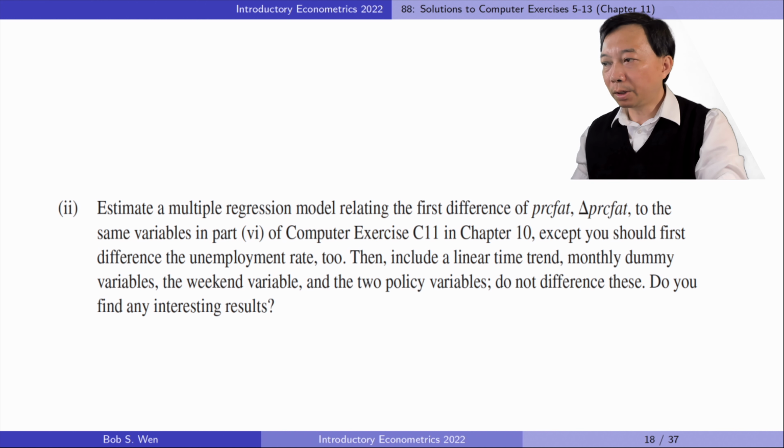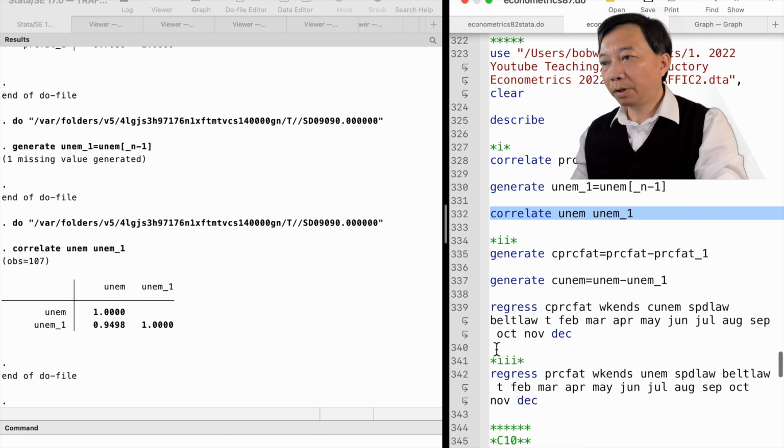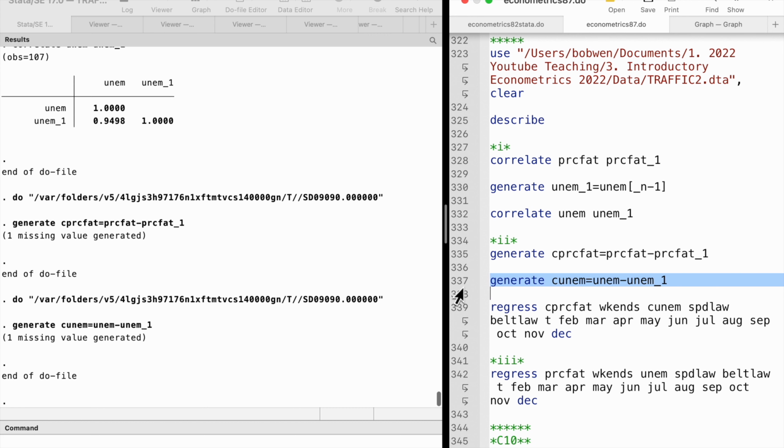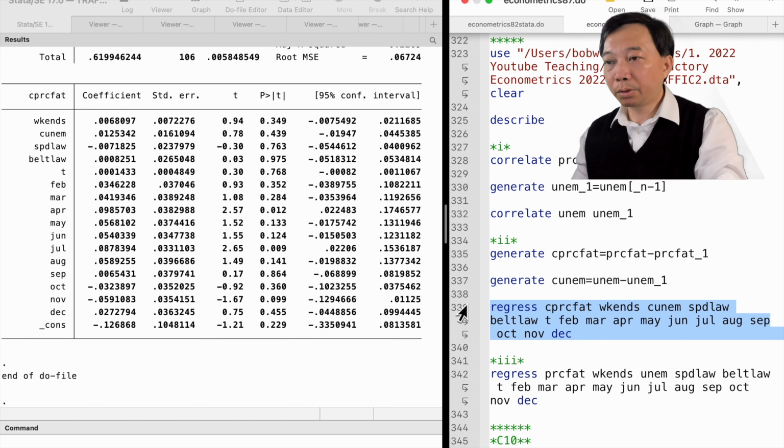Do not difference them. Do you find any interesting results? We first difference the two variables and use them in the model. The estimates for almost all variables, including the two policy variables, are not individually statistically significant.